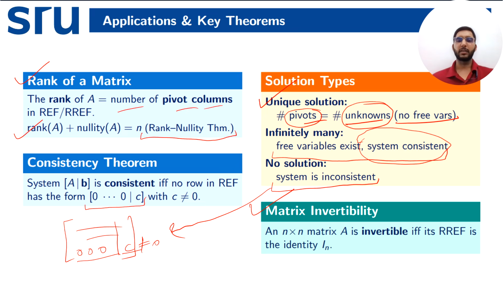Any matrix of order n cross n, that is a square matrix of order n, is invertible if and only if its RREF is the identity matrix. So these are the fundamentals and some basic concepts related to row echelon form and reduced row echelon form.